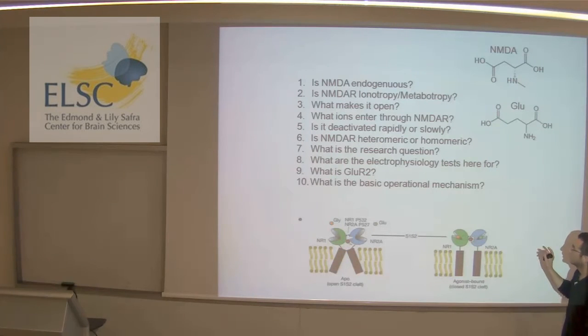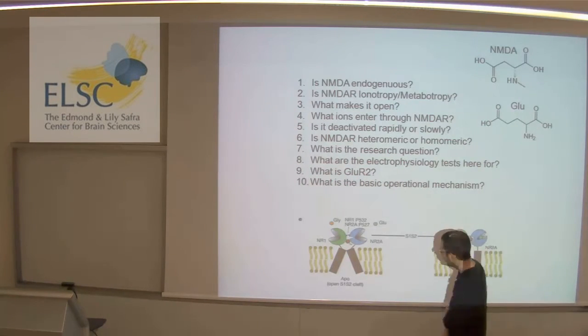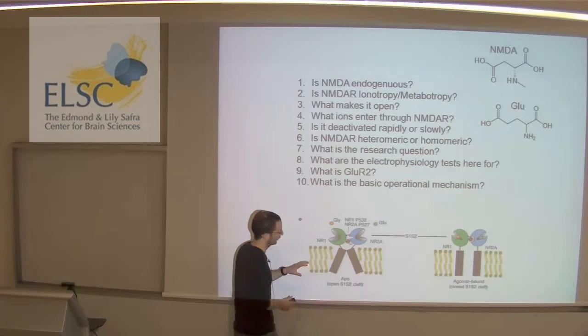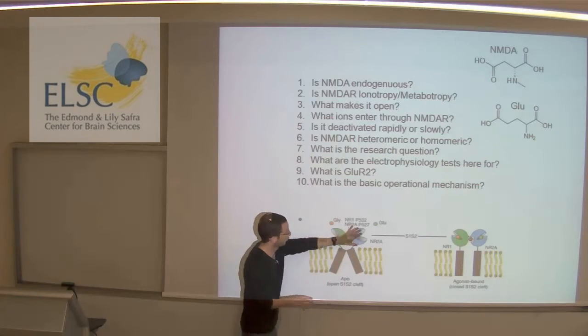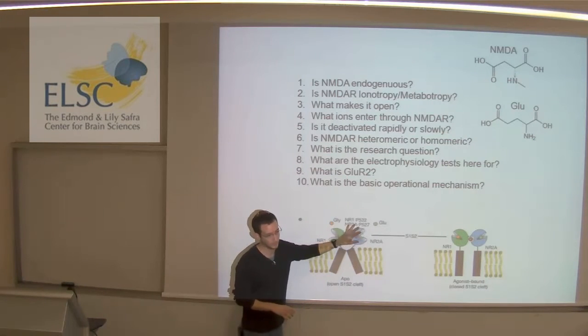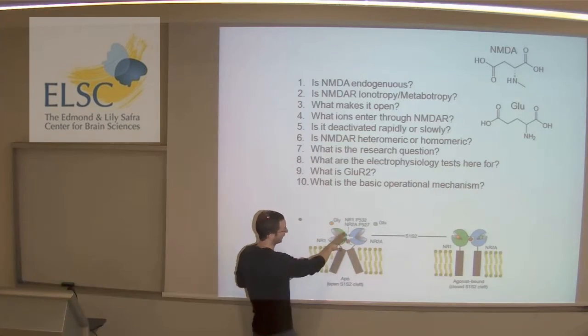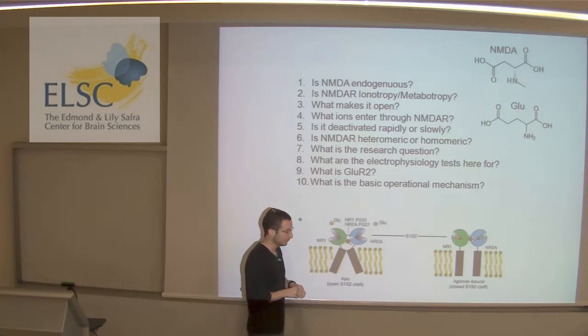So we've discussed this issue. And now, okay, so what is it? We have already met it. What is the basic operational mechanism? We actually also already described it, but I'll describe it briefly again. So these globular domains, the exoplasmic domains of the NMDA receptor, each bind to a different ligand.